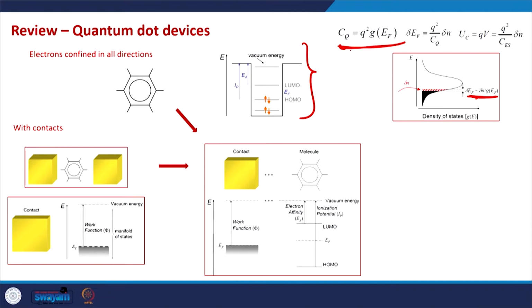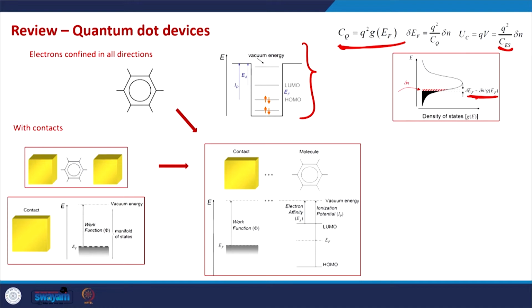Similarly, when there is a change in the number of electrons on the system, that also changes the charge on the system, that changes the electrostatic potential energy of the system, and that is accounted for by the electrostatic capacitance of the device.